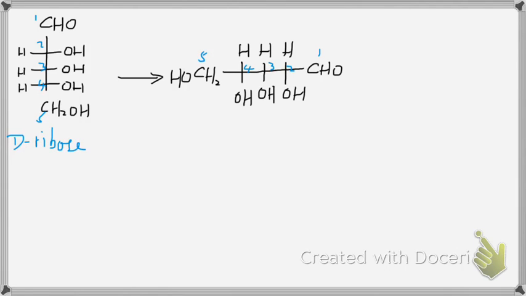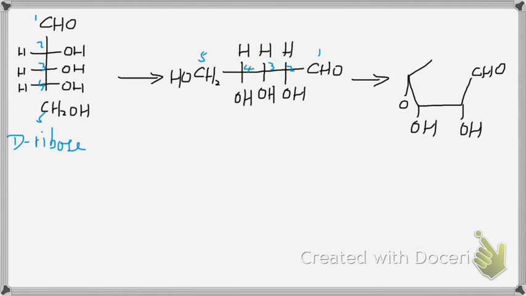Now, second step, we are going to curl the carbon chain up, which means we are going to put the 2 terminal carbons, 1 and 5, up, or curl the molecule up.